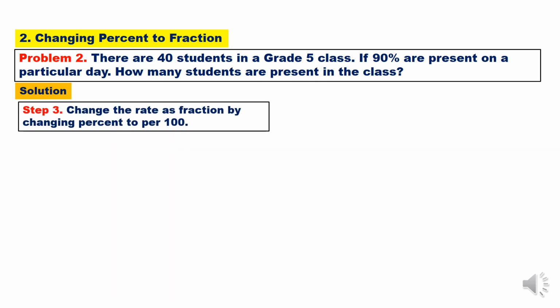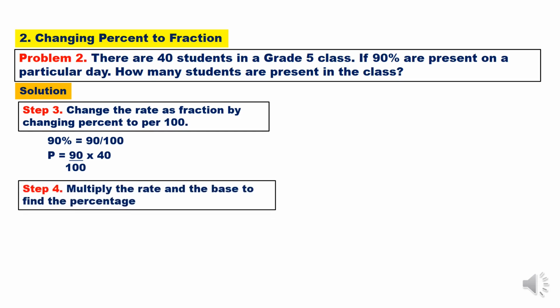Step 3: Change the rate to a fraction by changing percent to per hundred. 90% equals 90 hundredths. P equals 90 hundredths times 40. Step 4: Multiply the rate and the base to find the percentage. R times B equals P. 90% times 40 equals N.